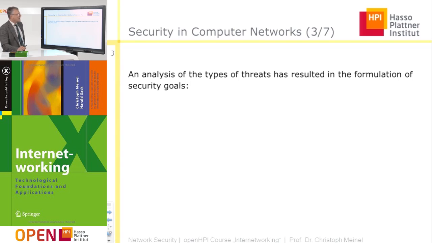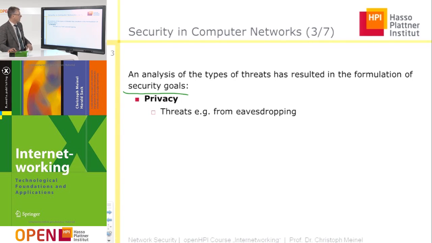So when one is thinking about how to secure the network, how to secure his own communication, then one has to define security goals. For example, a security goal is privacy. Nobody unauthorized should know about our communication. If anyone tries to eavesdrop on the communication, then this is an attack, a threat against privacy.